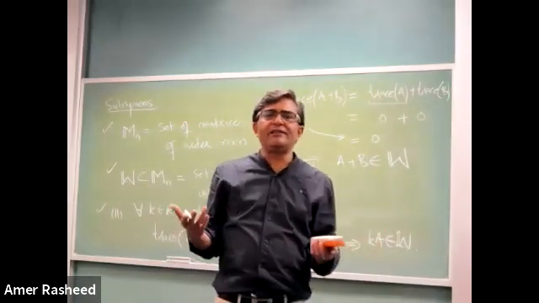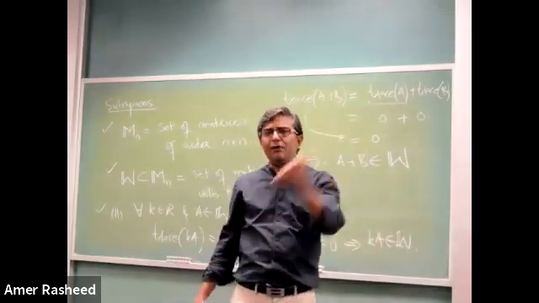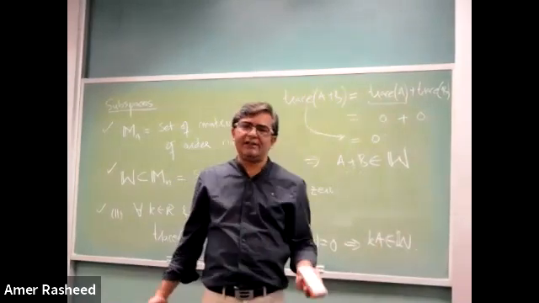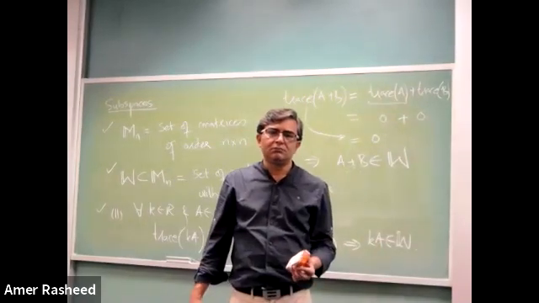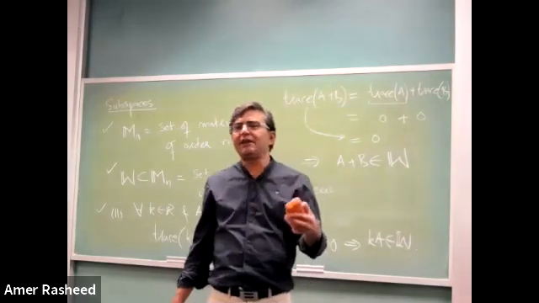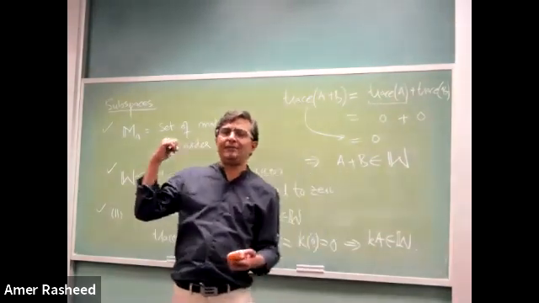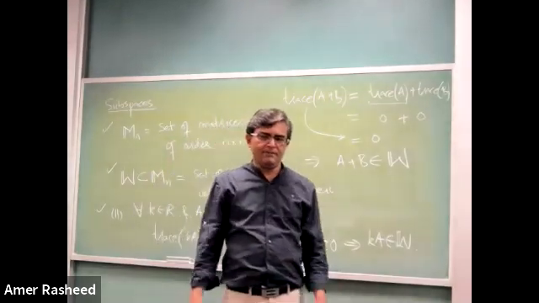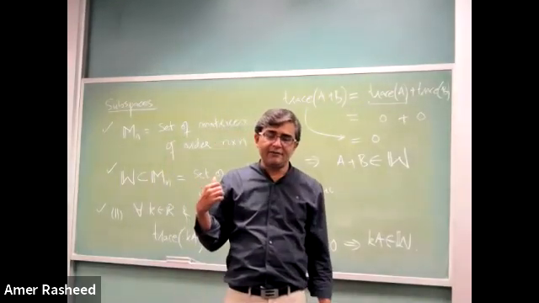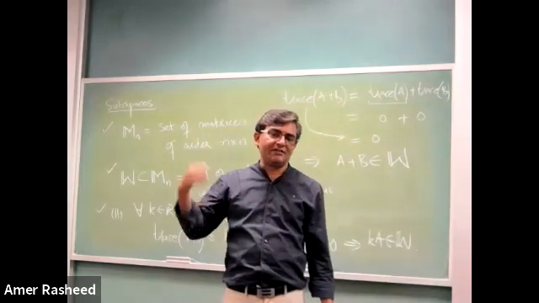Its trace is already 0 because the sum of diagonal zeros is again 0. So that is basically the identity element of this subset W. The null matrix is there in this W.